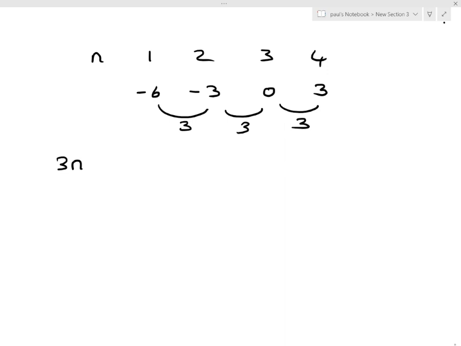Now 3 times 1 is 3, 3 times 2 is 6, 3 times 3 is 9, and 3 times 4 is 12. Now, minus 6 minus 3 is minus 9, minus 3 minus 6 is minus 9, 0 minus 3 is minus 9, so it's minus 9 all along, and our nth term is 3n minus 9.